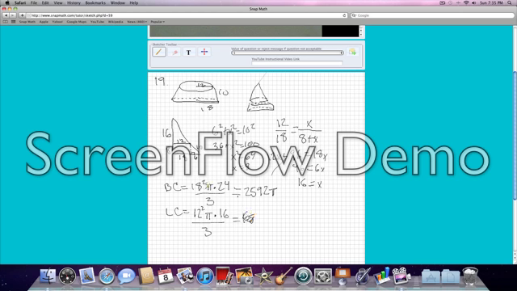Let me put the little cone into my calculator quickly. 12 squared pi times 16 divided by 3 equals 768 pi.